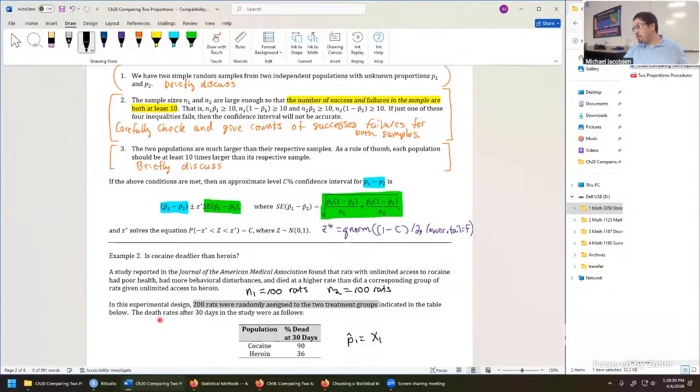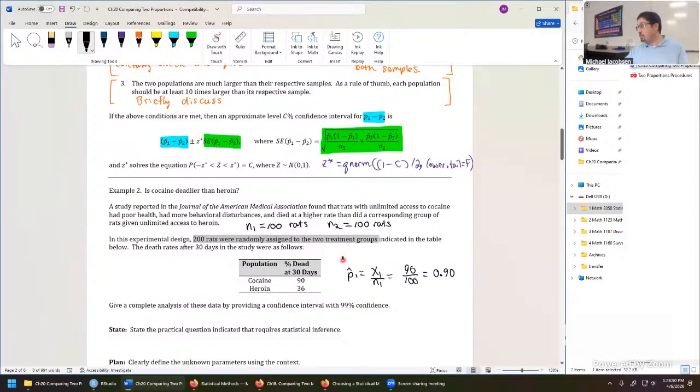So p hat 1 is going to be x1, the number of successes, divided by n1, which would be 90 divided by 100. That's why we have 90% dead. So the value here would just be 0.90, going from the percentage to the decimal. So this is for the cocaine group.